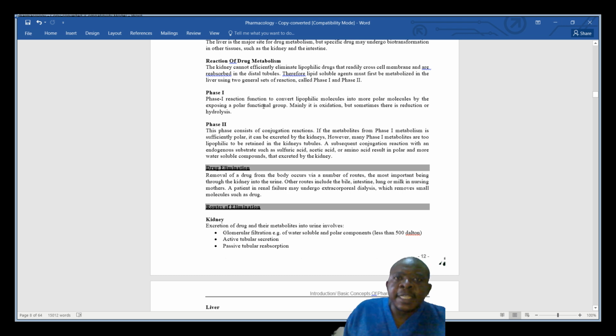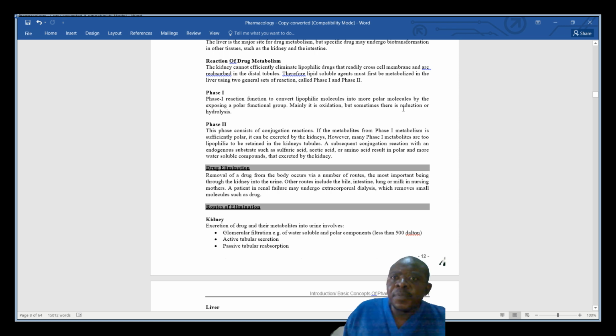Phase 1 reactions function to convert lipophilic molecules into more polar molecules by exposing a polar functional group. Mainly it is oxidation that happens. So through the process of oxidation, the drug that is a lipophilic molecule is being converted into a polar molecule.